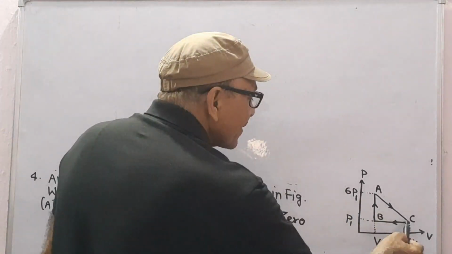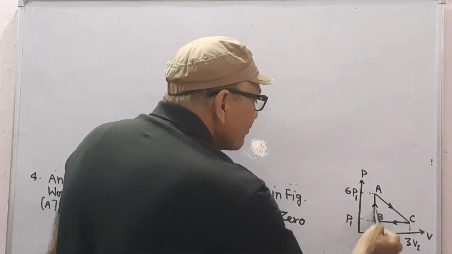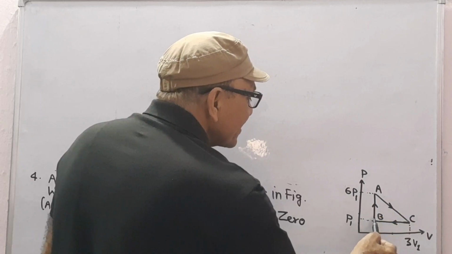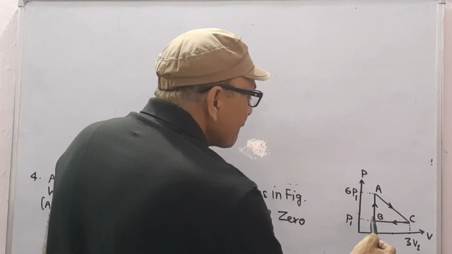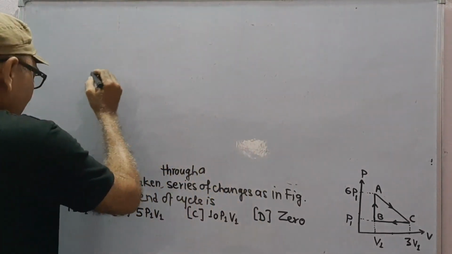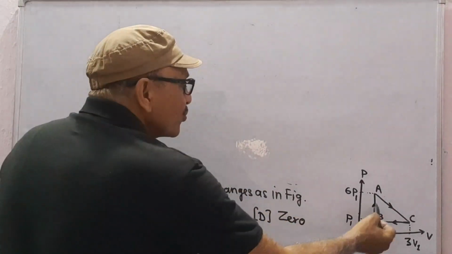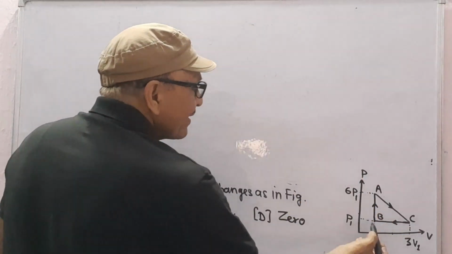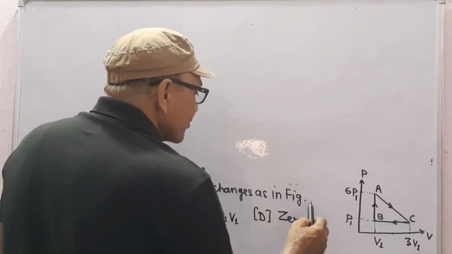The cycle goes from A to C, then C to B, and then from B to A. At the end of cycle means from B to A. From B to A at the end of cycle, volume is constant, therefore work done will be 0.